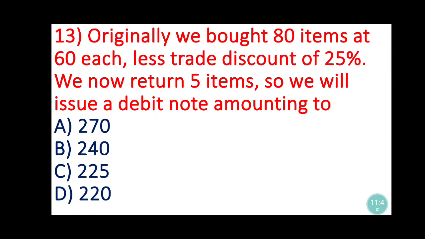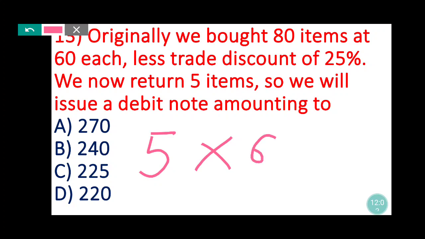Now when we return 5 items, we issue a debit note amounting to, so here you can do the calculation. 5 items are returned and the amount of each item is 60, it might be dollars, shillings or rupees, whatever.